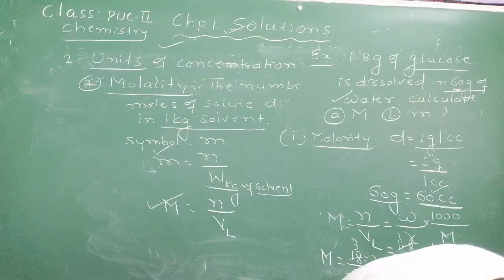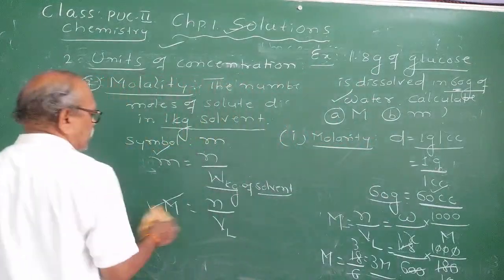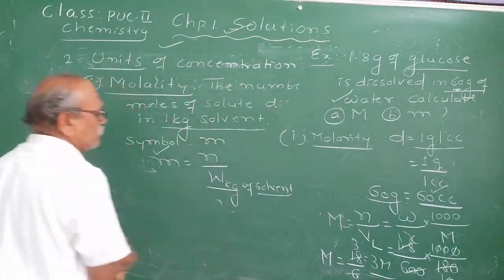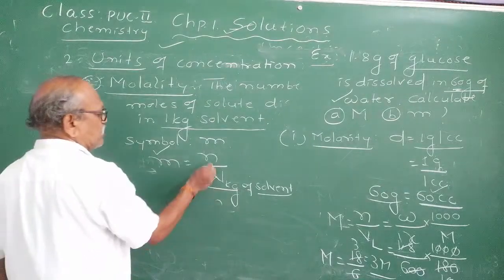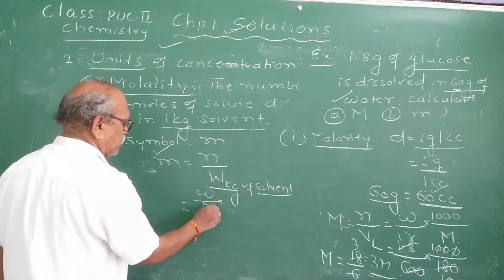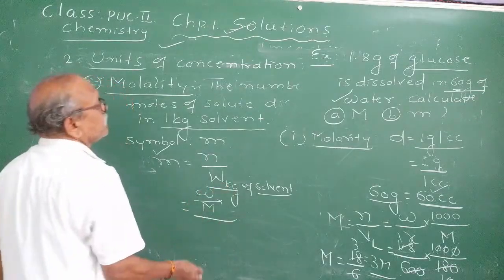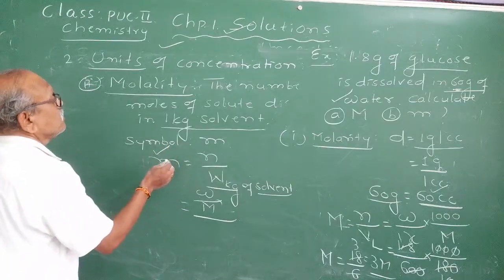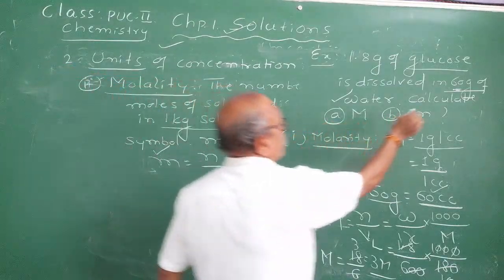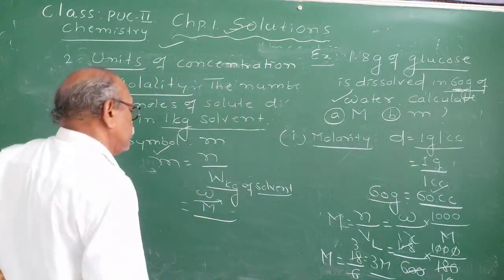Now, you try to calculate molality. Molality is also the same thing. Number of moles is obtained by mass upon molecular weight, divided by the mass of the solvent in kg. The mass is given for water, 60 grams of solvent, not the solution.